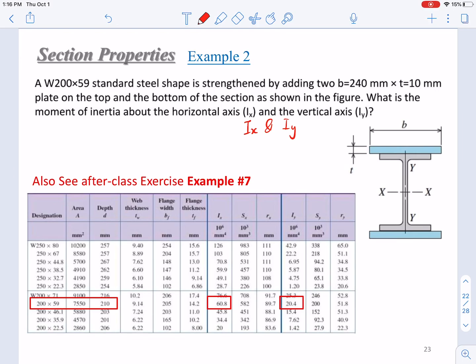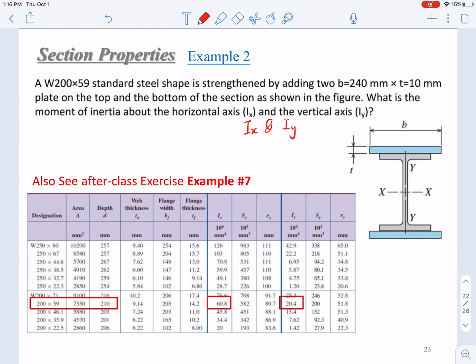From this table, we have found this standard shape, and you can see that its Ix is 60.8 million millimeter to the fourth, and its Iy is 20.4 million millimeter to the fourth. These are the two useful pieces of information.